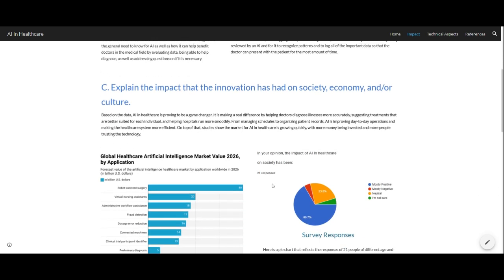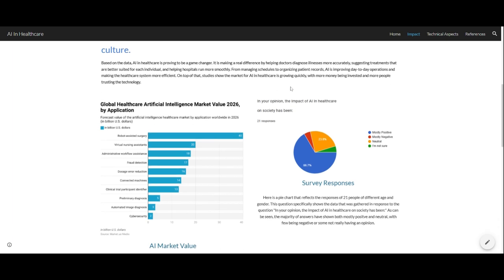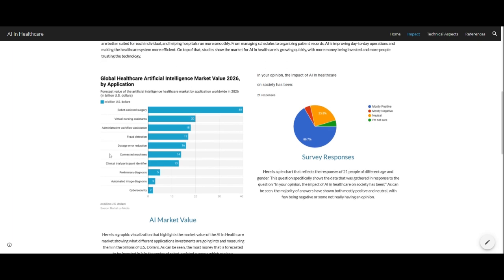And on top of that, there are projections for the year 2026. The market for AI in healthcare is growing a lot more quickly, and money is being invested into lots of different places. And this graph that I found online also highlights some of the things that hopefully are to come with AI and healthcare innovation.